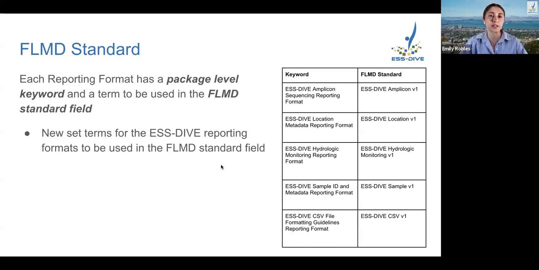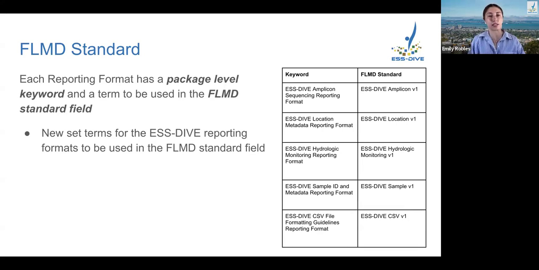The next field that isn't changing in and of itself, it's still an optional field, is the file level metadata standard field. Each reporting format has a package level keyword to be used when submitting the data set to ESS-DIVE, but it also has a term that should be used in the file level metadata standard field.